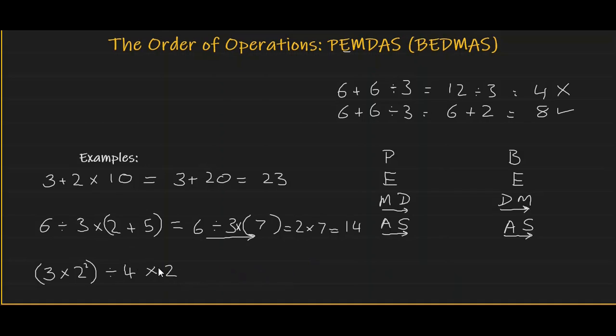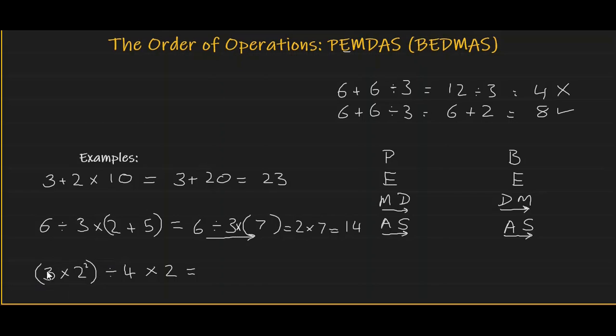Let's look at the third example. So here you have brackets, multiplication and exponent within the brackets, division and multiplication. So based on the order of operations, you will first look at the parentheses or the brackets.